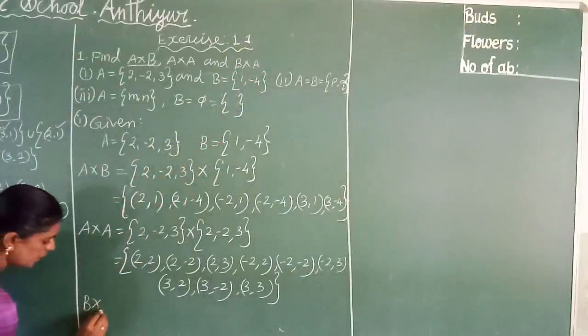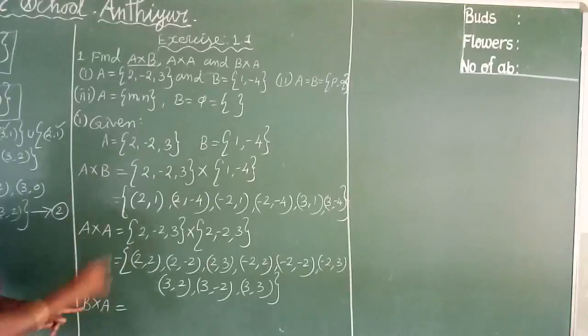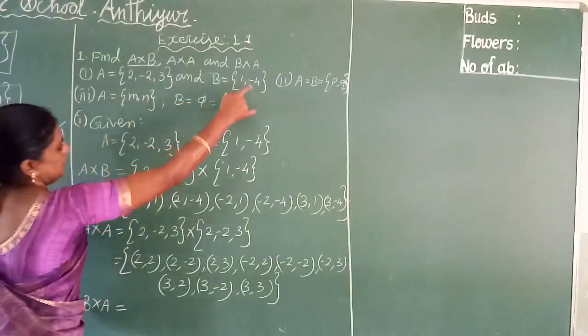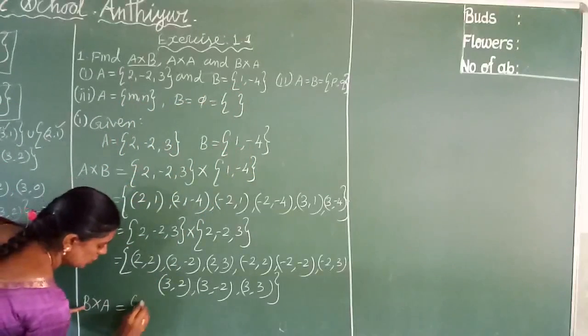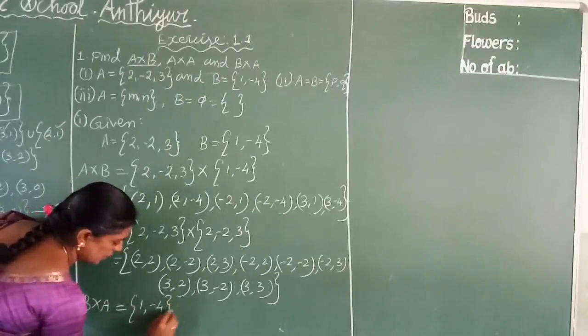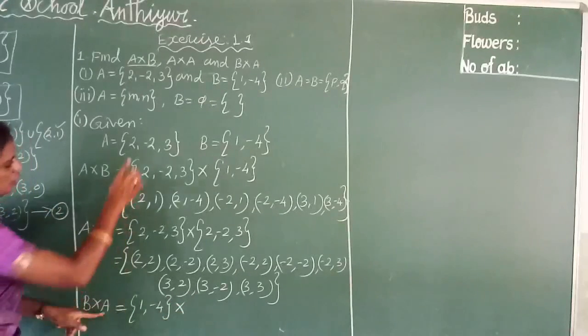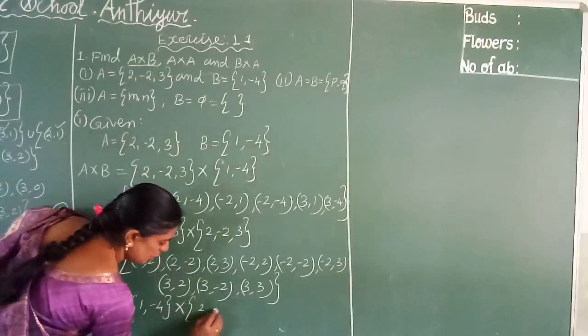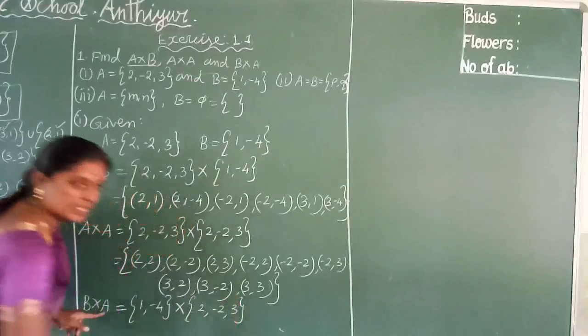First you write B and then A. So the B elements are 1 and -4, that is {1, -4} cross A, {2, -2, 3}.